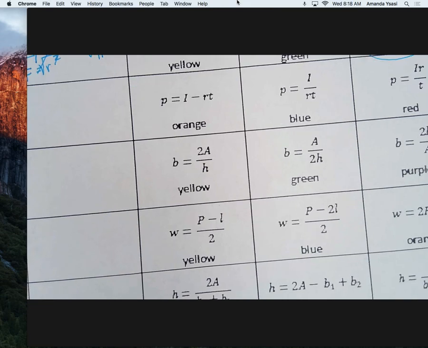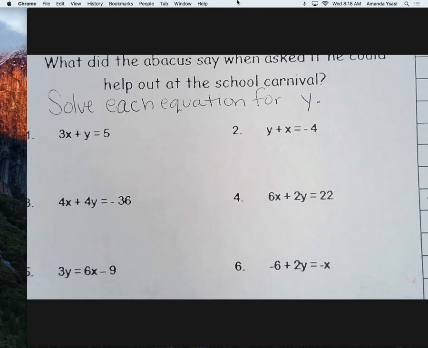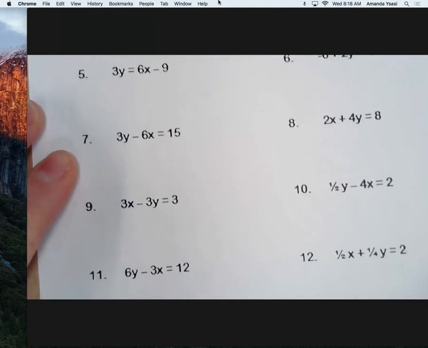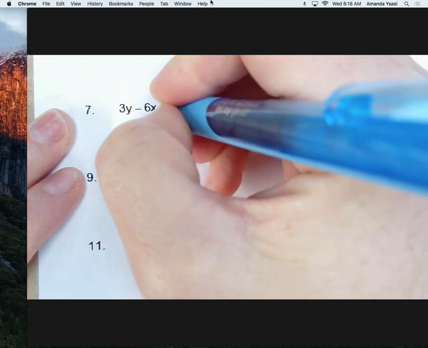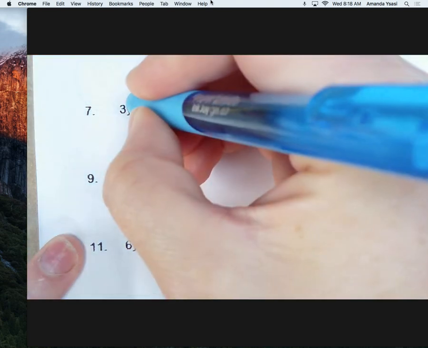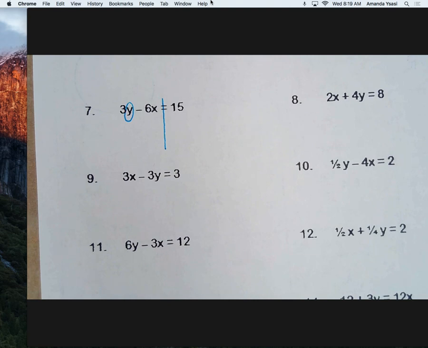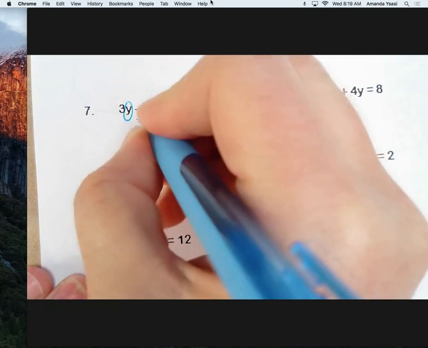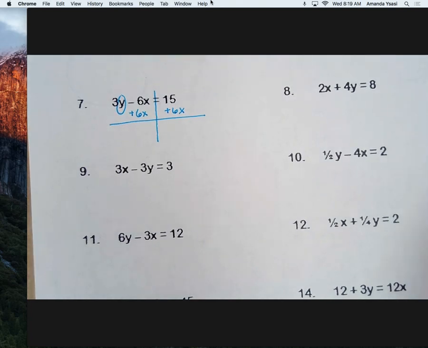Okay, let's look at the back. We're solving each equation for y. So let's go to number 7. Okay, so I want to solve it for y. So what do I need to do first? Yeah, so I got to add 6x. So those cancel.